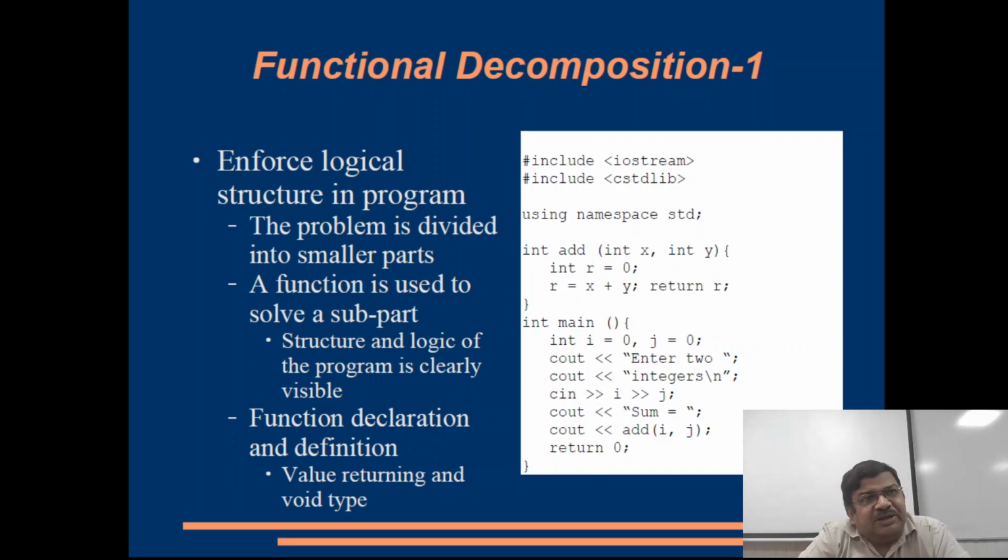Let us now consider a case where this function add was provided by some software library. For example, you make use of a square root function. The square root function is provided by the math library, and that is part and parcel of the compiler.